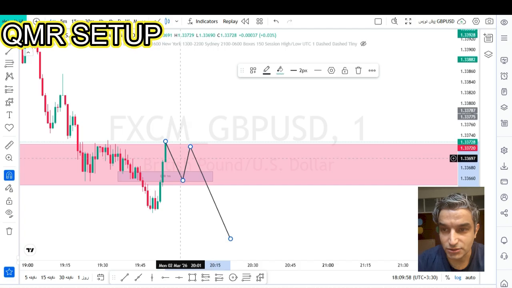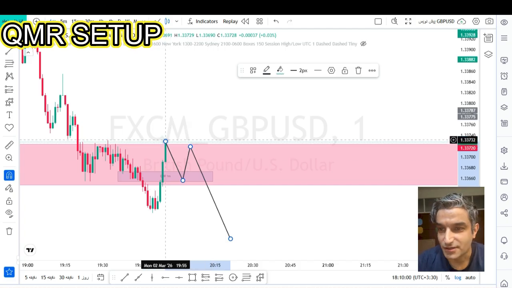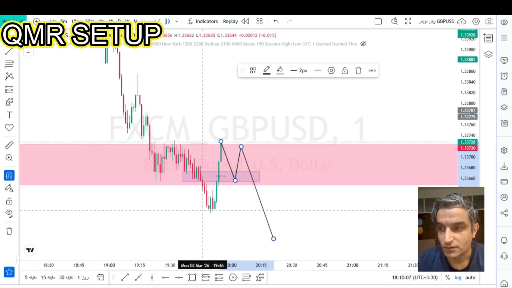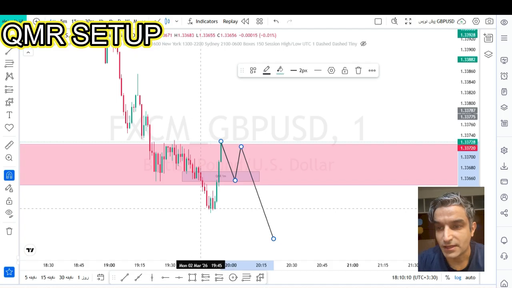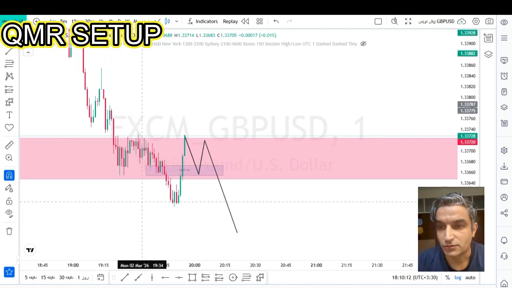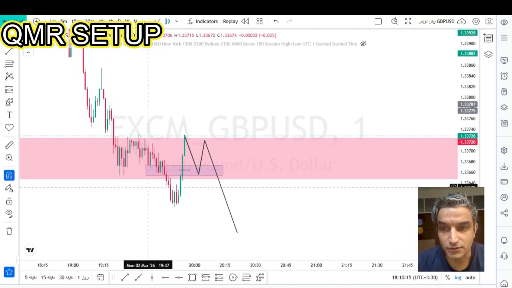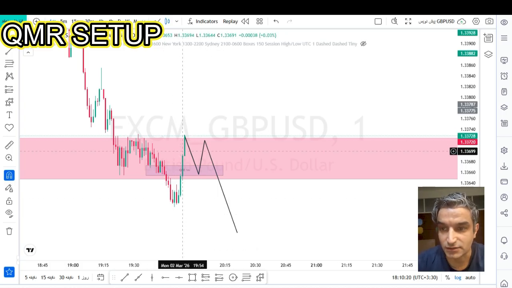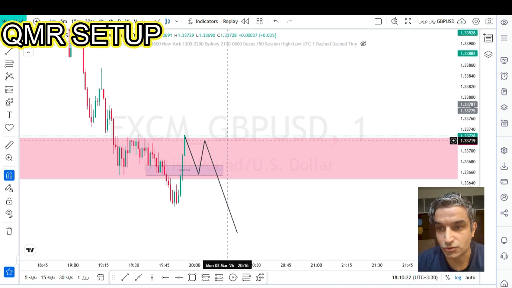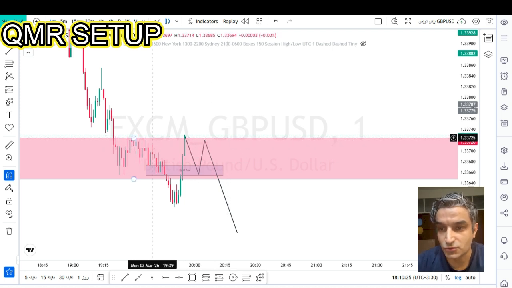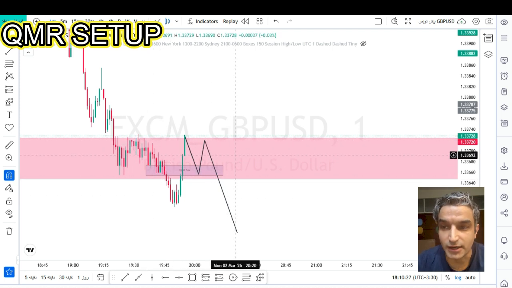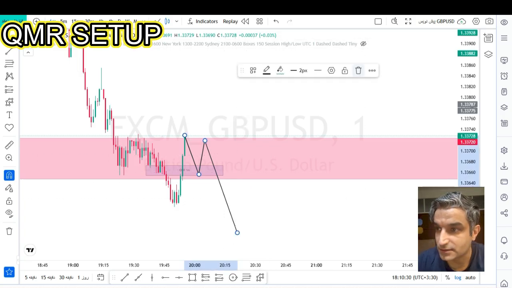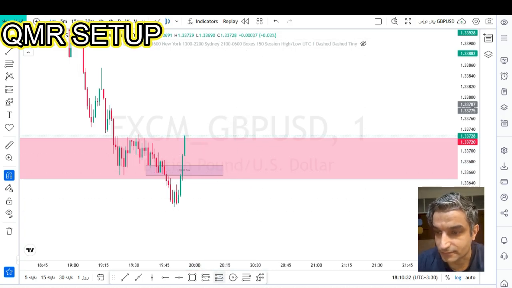But you should practice, practice, and practice, and take your back test, forward test to know that if you do some steps, your win rate will be good. For example, one of the conditions is an engulfing candle, and you should wait for price to have a reaction to POI. Okay, let's see what will happen.